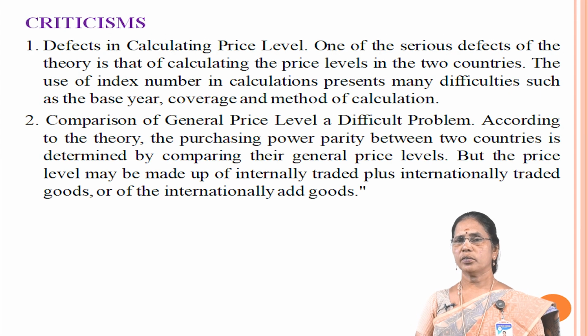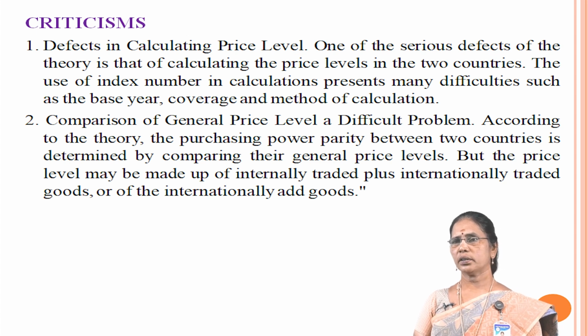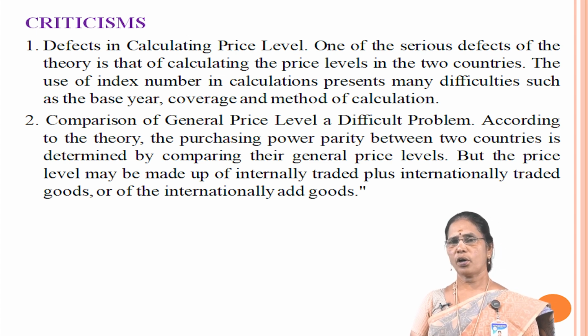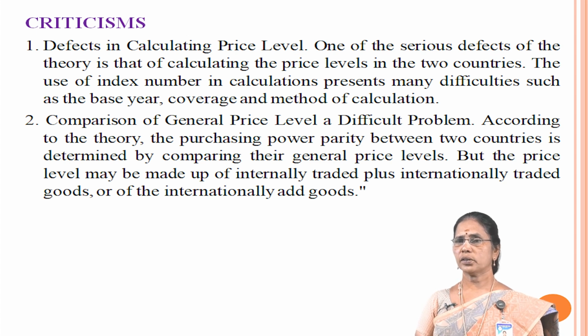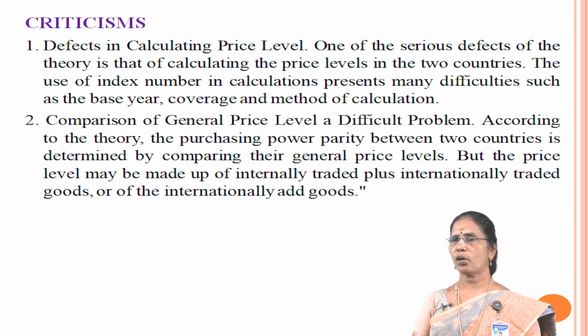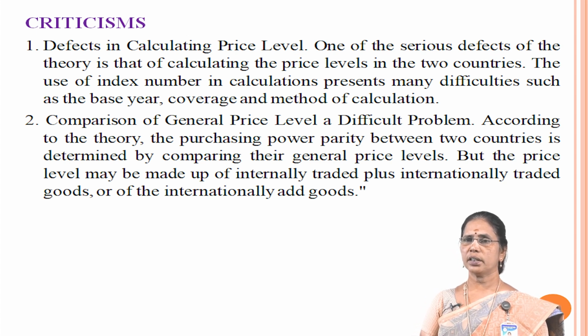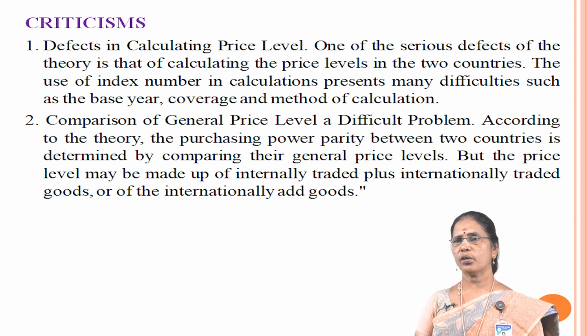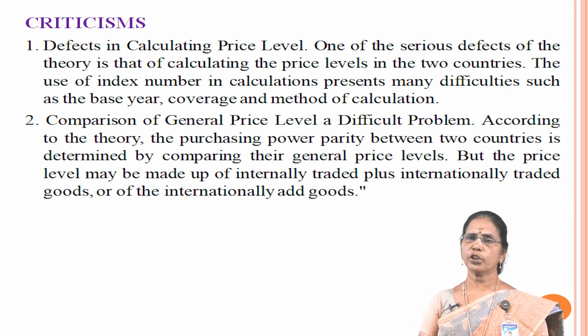Criticism of this theory. Defects in calculating price level. One of the serious defects of the theory is that of calculating the price level in the two countries. Use of index numbers in calculation presents many difficulties, such as the base year, coverage and method of calculation, which may not be the same in both countries.